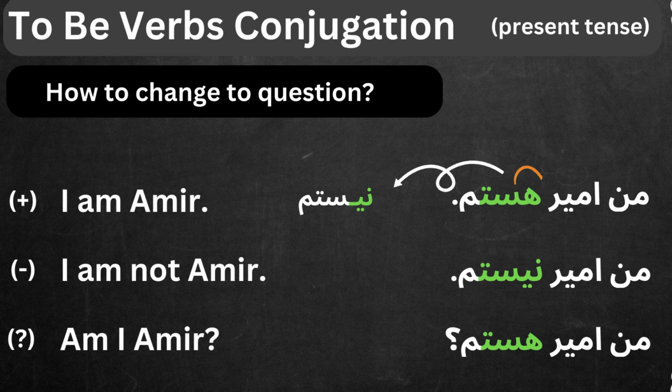To change it to question, just the intonation is important here. You ask it like a question. من امیر هستم؟ And you put a question mark if you're writing the question. So that is how you change the sentence into question form.